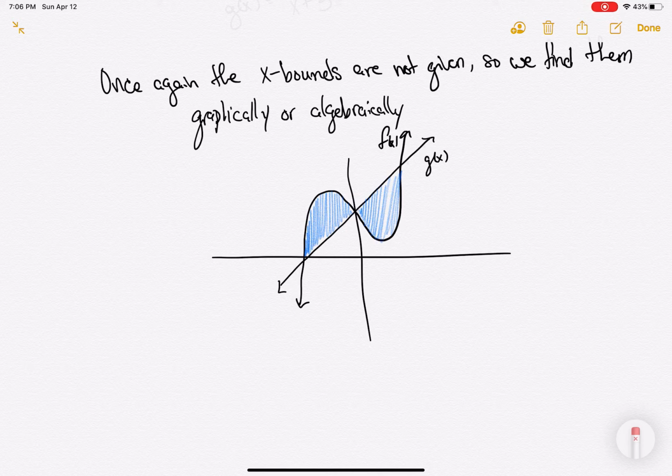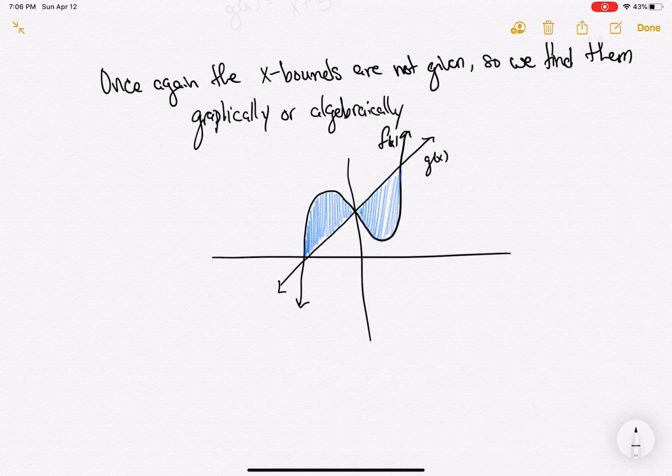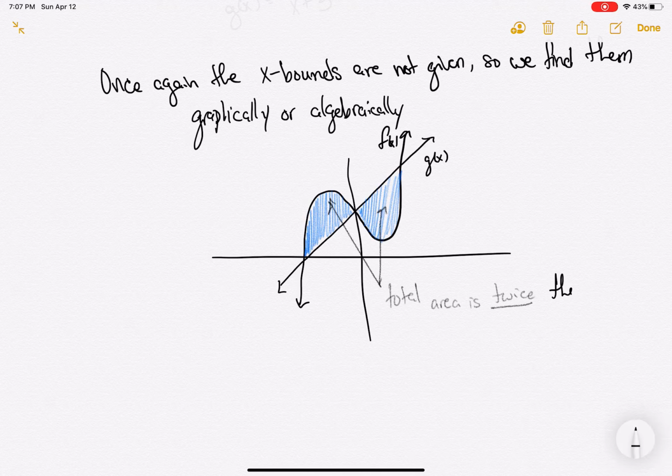So total area here, I'll write this in crayon. Total area is going to be twice the area of one of these regions. Oh, I want to stay in crayon.